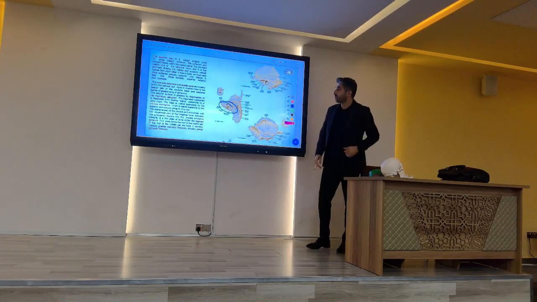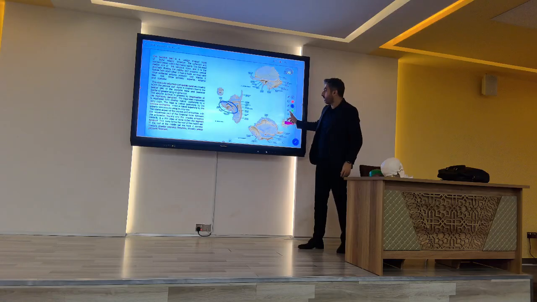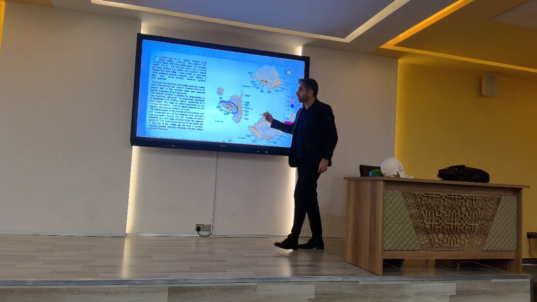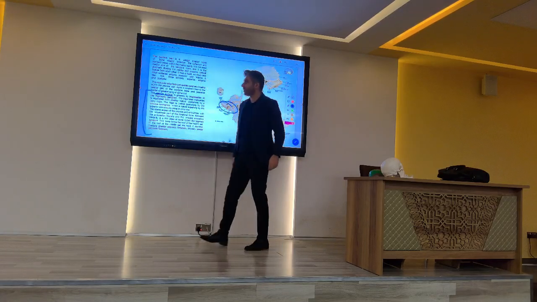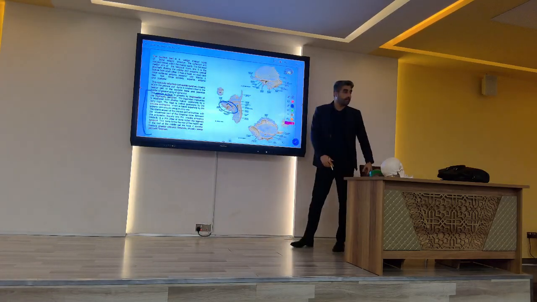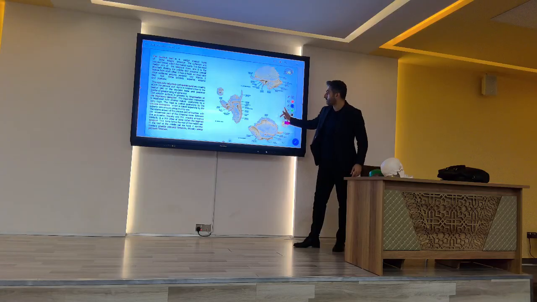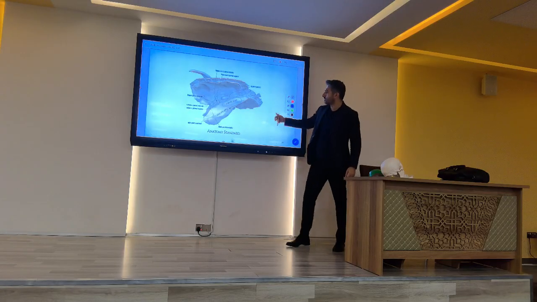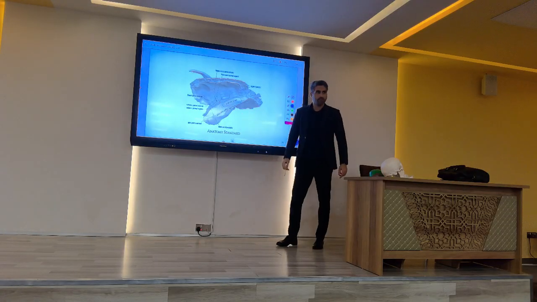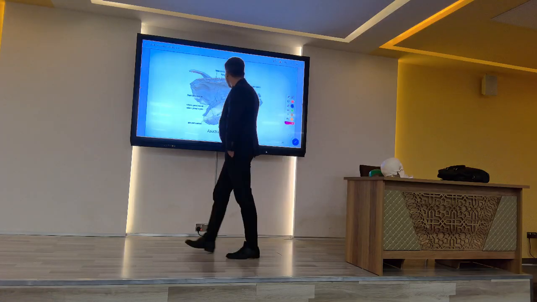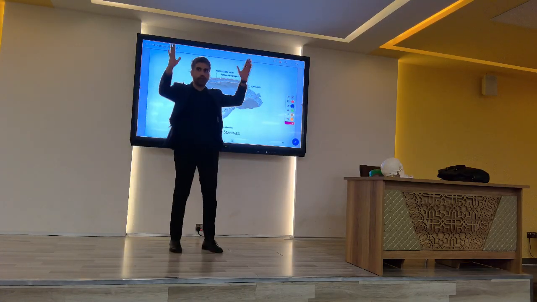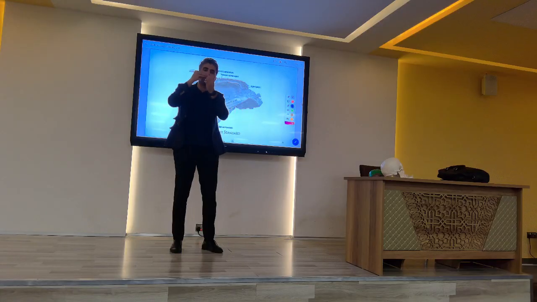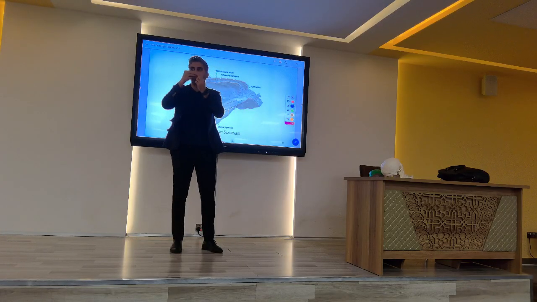So let's start the anterior surface. What we have in the anterior surface of the petrous part? Let me show you the better picture. This is anterior surface. In anterior surface, close to the apex, I can see an impression.